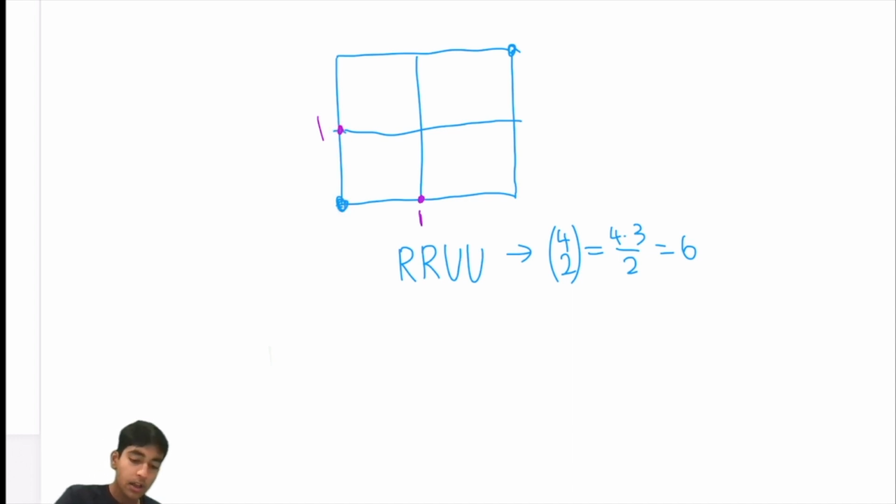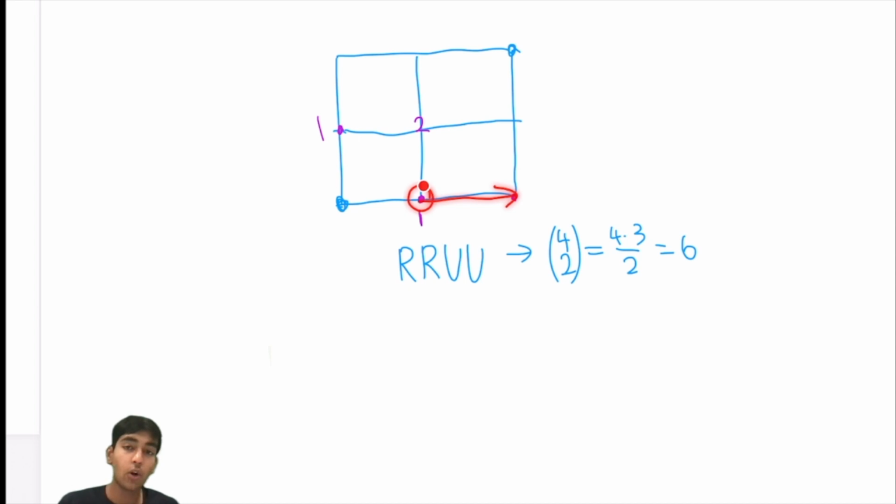Now, how many ways to get here? To get here, we move up from here, or move right from here. That's 2 ways. What about how many ways to get here? To get here, we have to just go right from the second point.